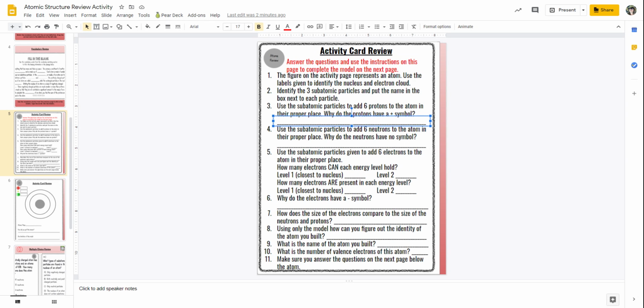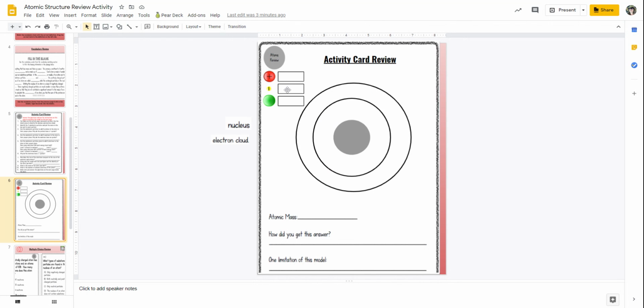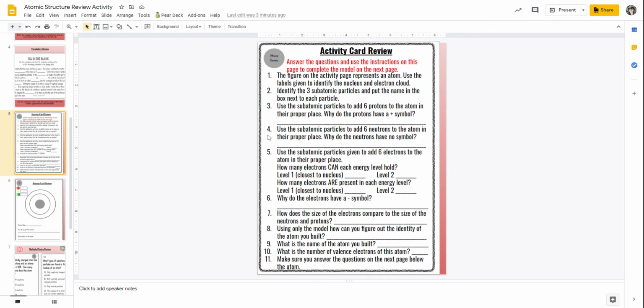And then it has a question. Why do the protons have a positive symbol? There are 2 parts to this question. You have to add the 6 protons to the atom in the correct place, and then you have to answer why do the protons have a positive symbol. Same thing on the next question, but for neutrons. Add 6 neutrons to the atom in their proper place. Why do the neutrons have no symbol?